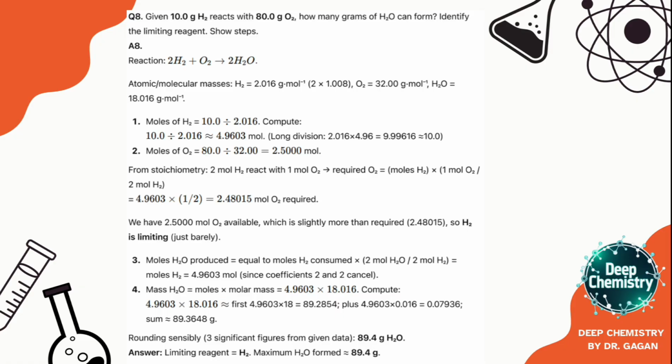According to the equation, 2 moles of hydrogen need 1 mole of oxygen. For 4.96 moles of hydrogen, we need 2.48 moles of oxygen. We only have 2.5 moles of oxygen, so the oxygen is slightly in excess and hydrogen is the limiting reagent.